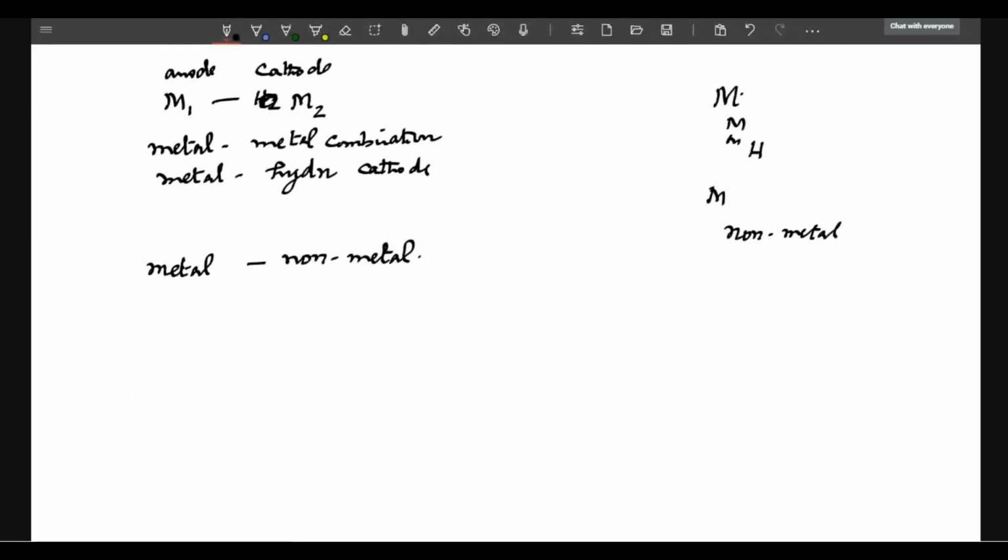And another combination is... I think we have seen these. The three metal possibilities are all ruled out. Then we will take hydrogen.